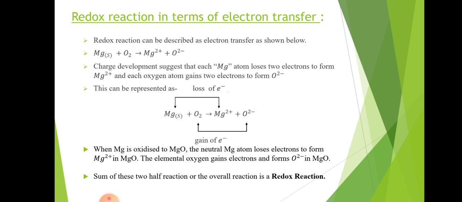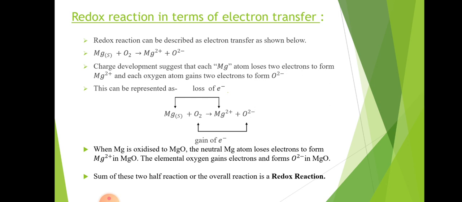The charge development suggests that each magnesium atom loses two electrons to form magnesium 2 plus ions, and each oxygen atom gains two electrons to form oxygen 2 minus ions. This can be represented as follows.